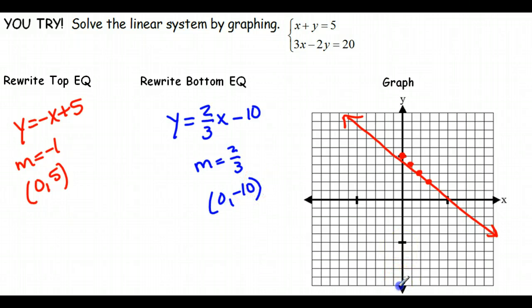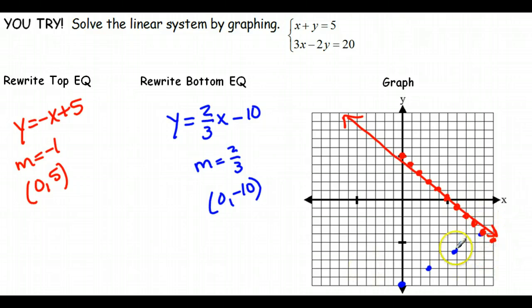So if I graph that, negative 10's down here, we're going up to right 3, up to right 3, up to right 3. Okay, well now I've got to make sure that this one is as accurate as possible. So I'm going to go back to my red line and do down 1, right 1, so that I can see where exactly those points are since I stopped.